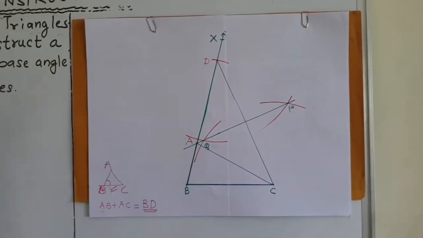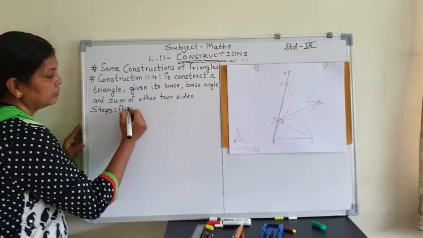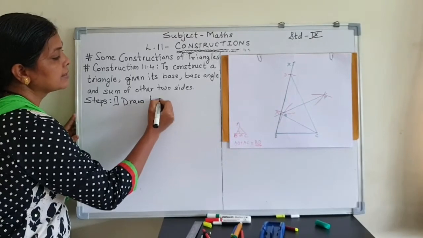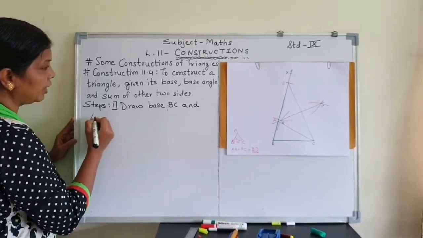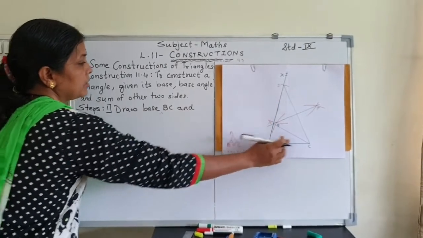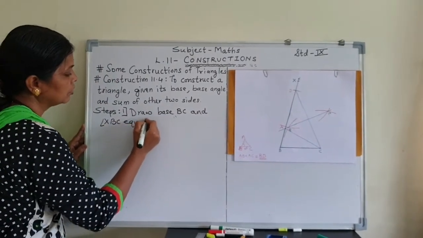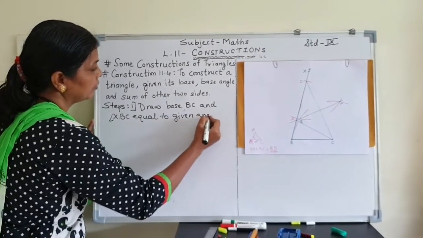Now let's write the steps for this construction. Step 1: Draw base BC and angle XBC equal to the given angle.